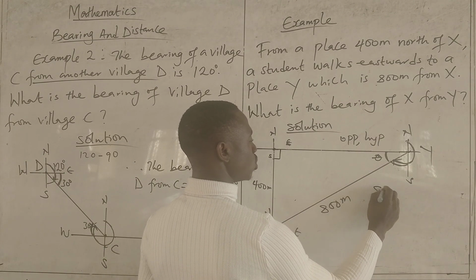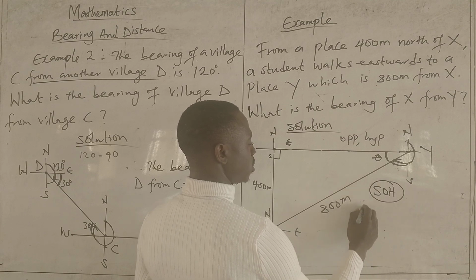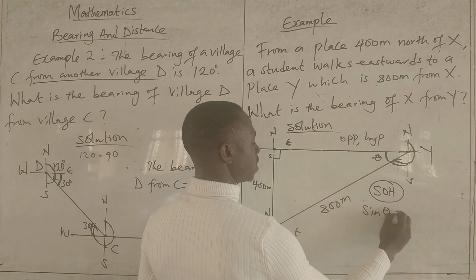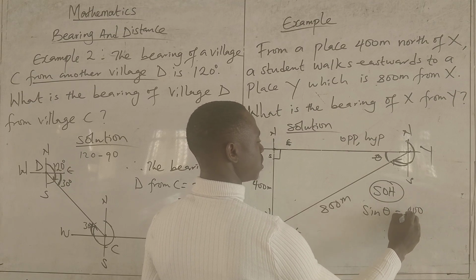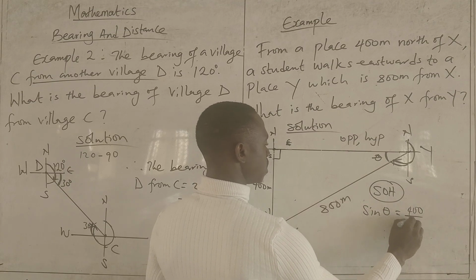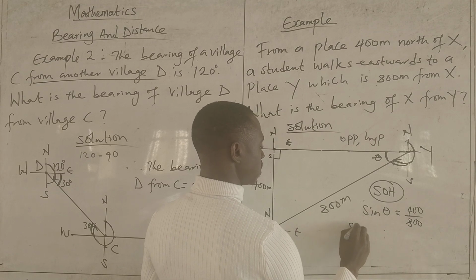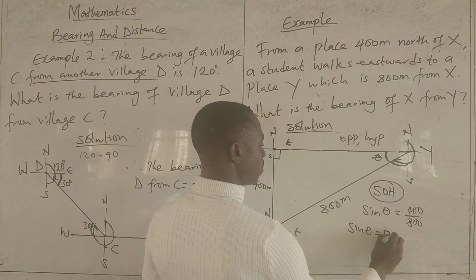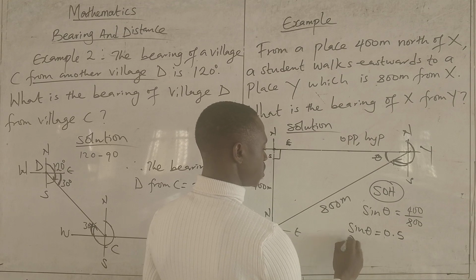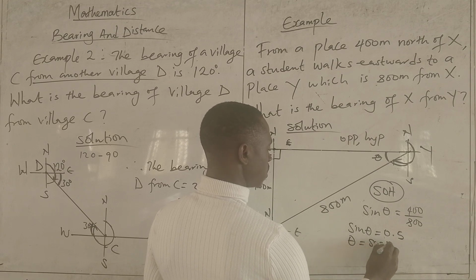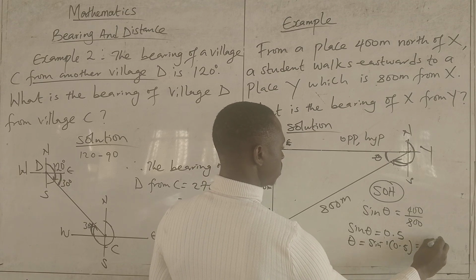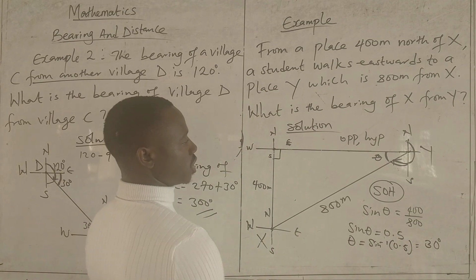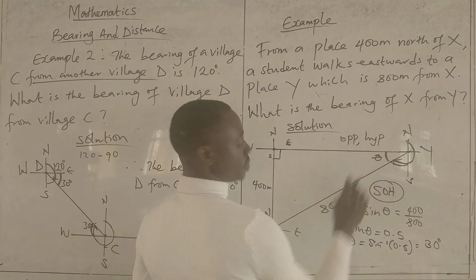So we say sine theta equals opposite over hypotenuse. That's 400 over 800. And sine theta is 0.5. Theta will now be sine inverse of 0.5, and that's 30 degree. So this angle here is 30 degree.